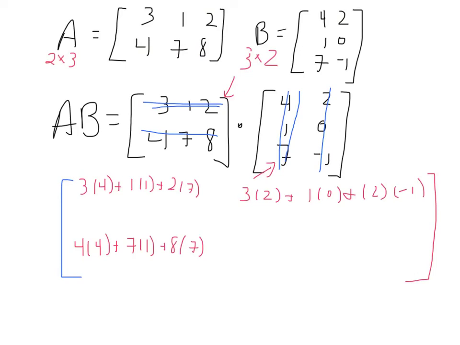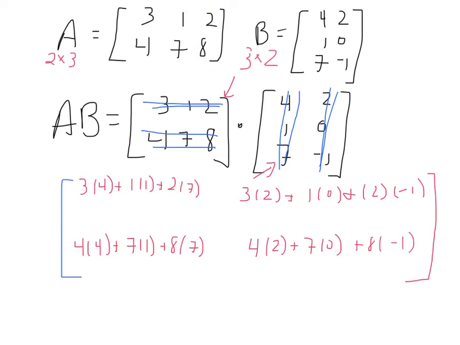And then you repeat that process again with the other column over here. And so what happens is this 4 gets multiplied to that 2 plus that 7 is multiplied to the 0, and then you've got the 8 being multiplied to the -1.